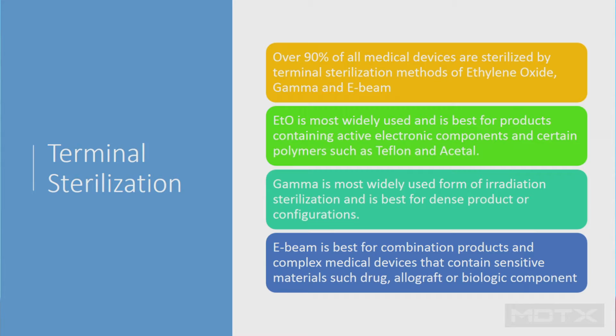So with the landscape of terminal sterilization, there are many terminal sterilization modalities out there, but three of them are used for over 90% of all medical devices. Basically, it comes down to a gaseous sterilization method or irradiation sterilization.